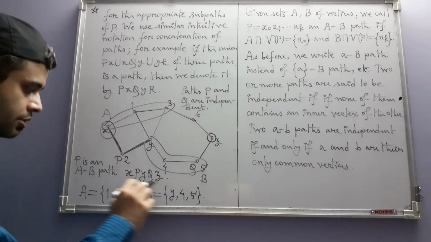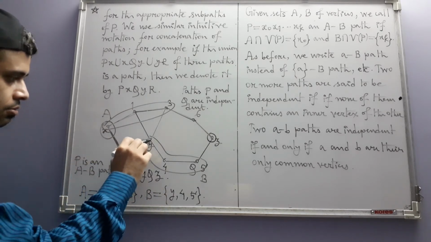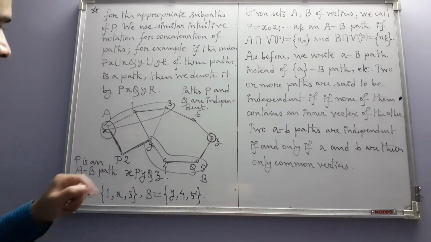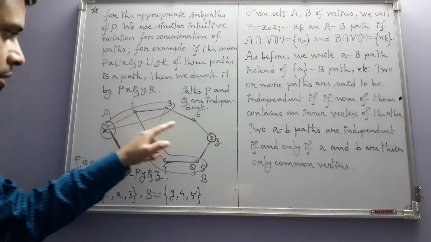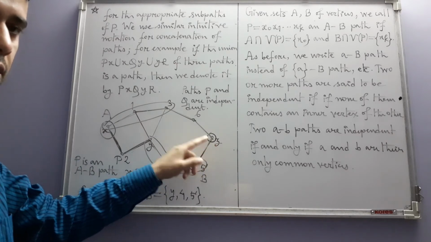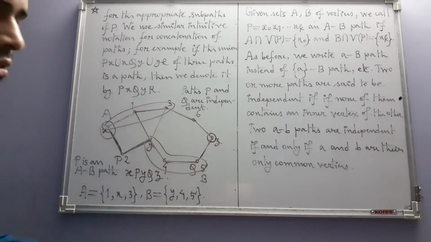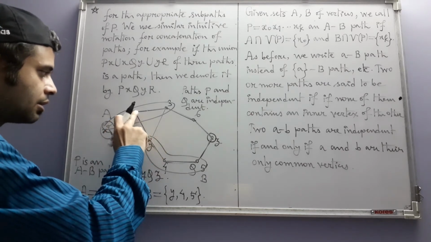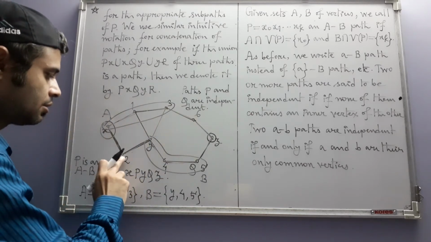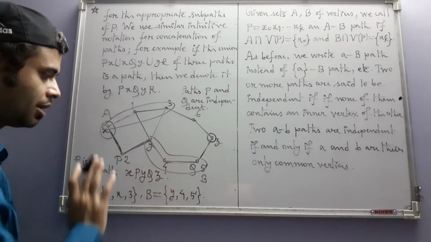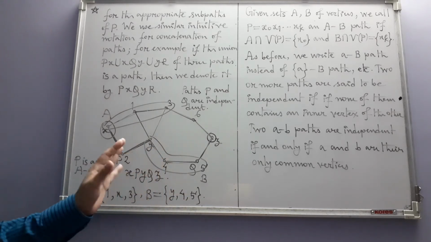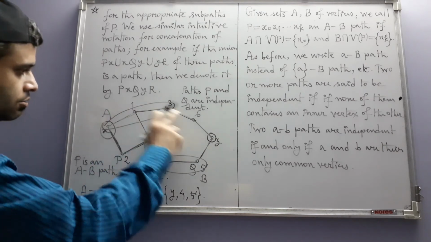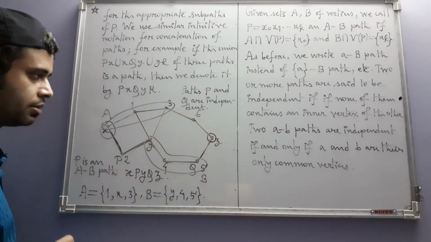The other is x2y45z. These two are independent because the only common vertices to them are their end vertices. The inner vertices of the upper one are 1, 3 and 6, and for the lower one they are 2, y, 4 and 5, and there is no vertex common to them. So these two AB paths are independent.